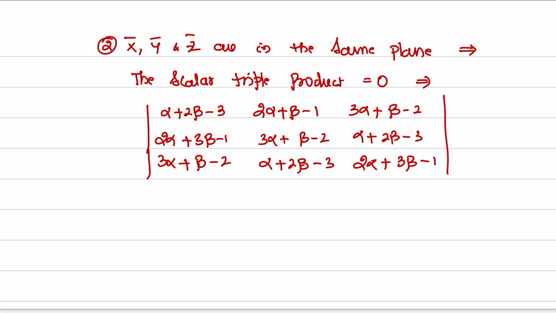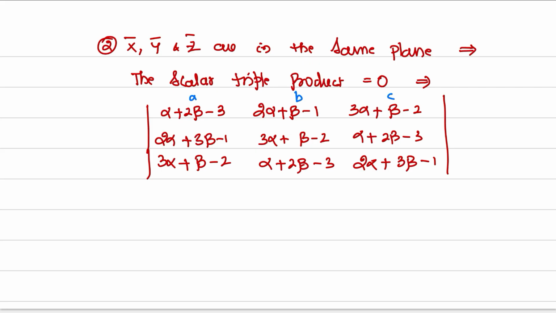When you see it, let us say this is element A, alpha plus 2 beta minus 3. 2 alpha plus 3 beta minus 1, let us say it is B. 3 alpha plus beta minus 2. It is a simple trick I am giving you now. See, A, B, C are cyclically arranged.